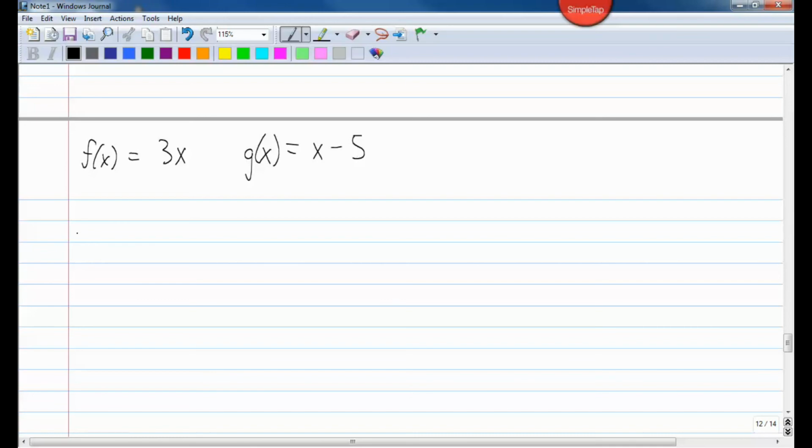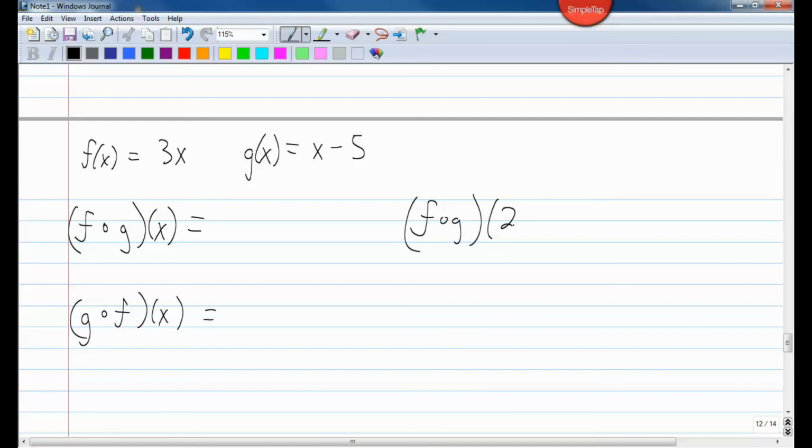And I wanted to find f of g of x, g of f of x, f of g of 2, and g of f of 2.